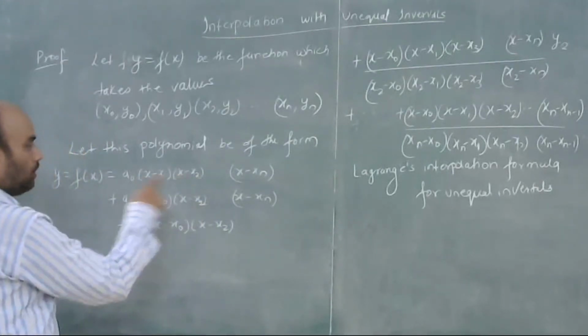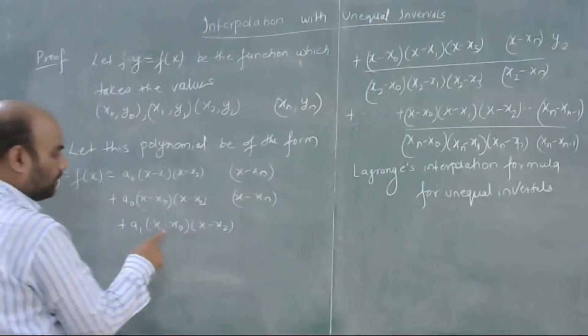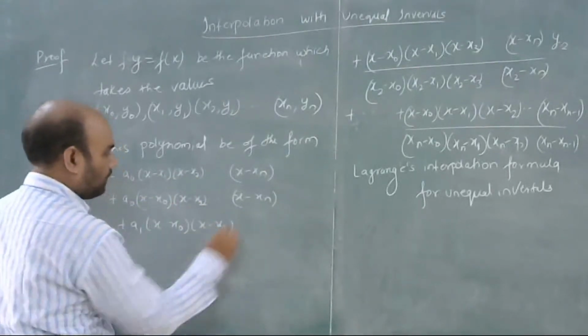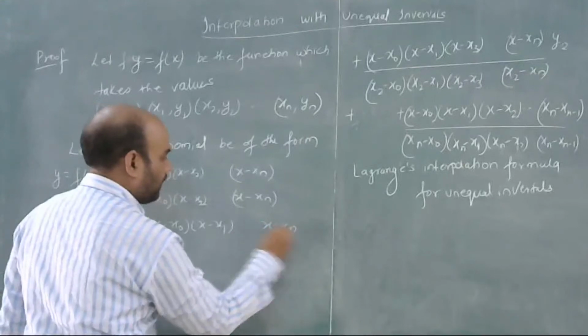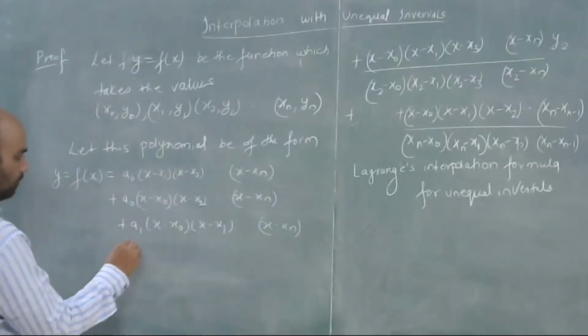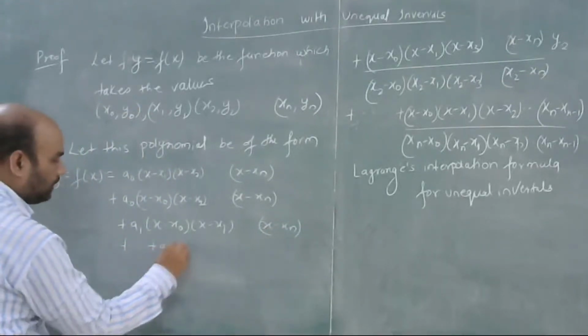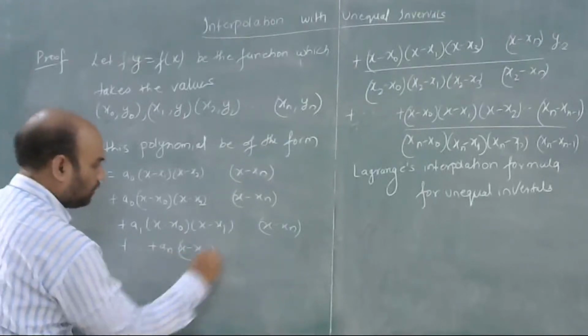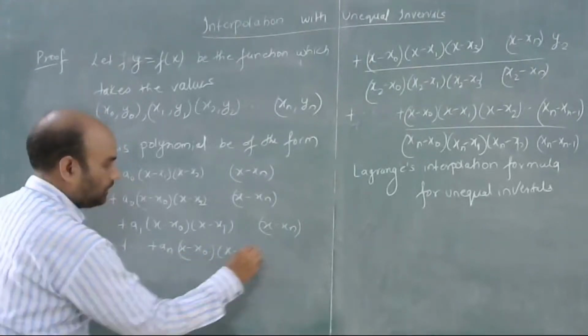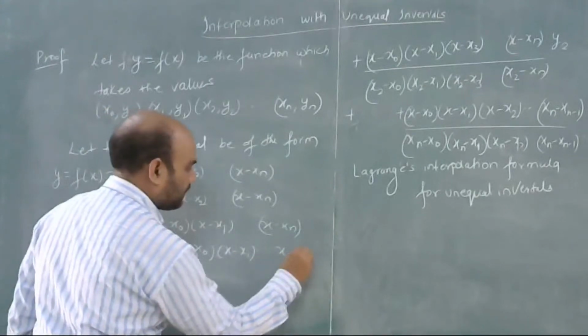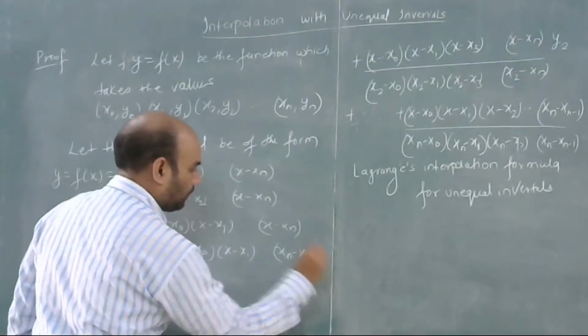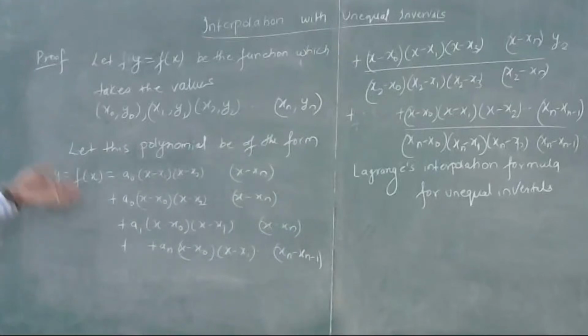So here x0 is not taken, here x1 is not taken, here x2 is not taken, plus up to an (x minus x0)(x minus x1) up to (x minus xn minus 1). So we have taken this polynomial like this.